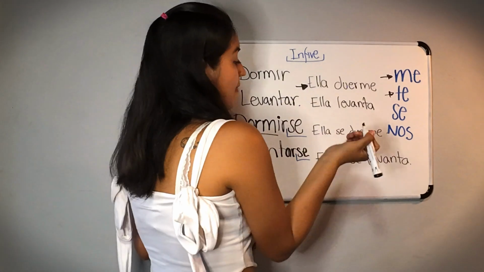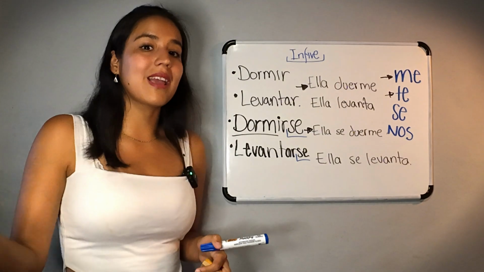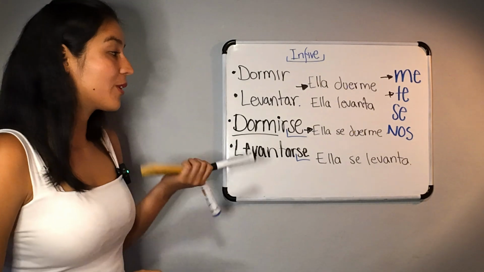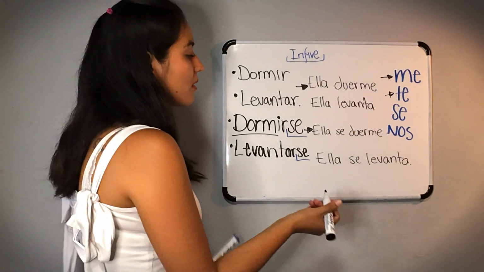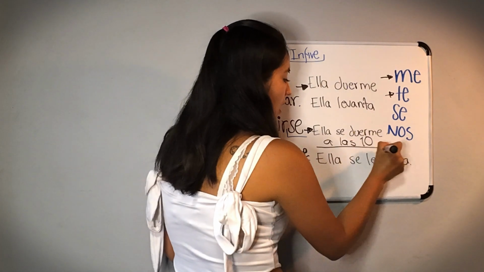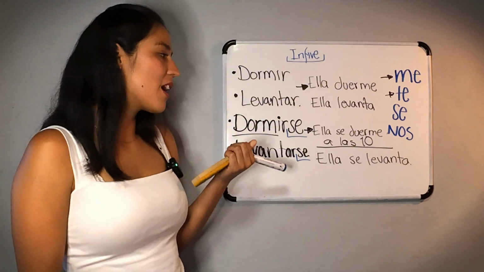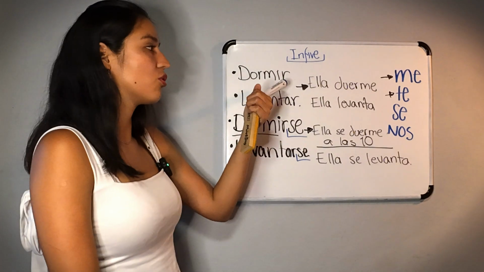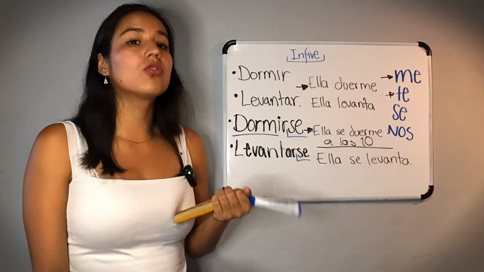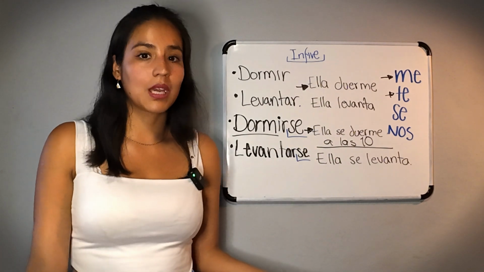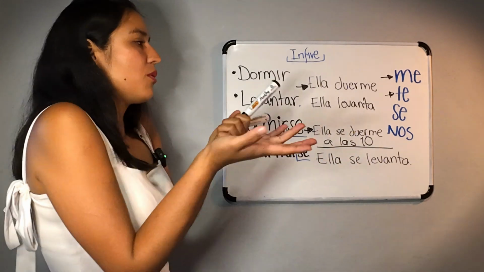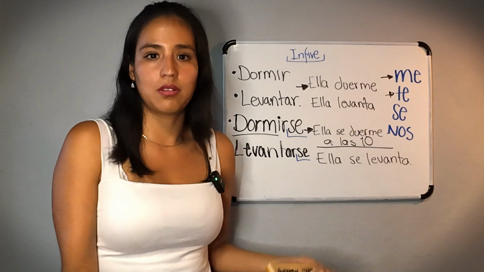And with ella se duerme, we normally add the time. We were talking about routine, so here's where the routine starts: ella se duerme a las 10. I'm mentioning my routine. That's the difference: just using duerme means that you are doing the action, while this one refers more to the time, okay? Ella se duerme a las 10. Both mean to sleep.